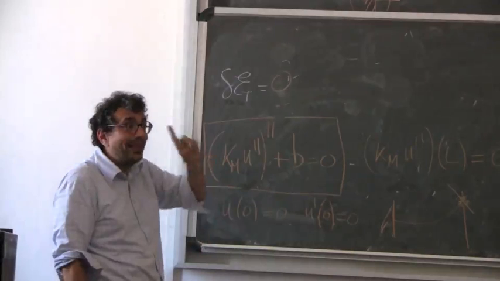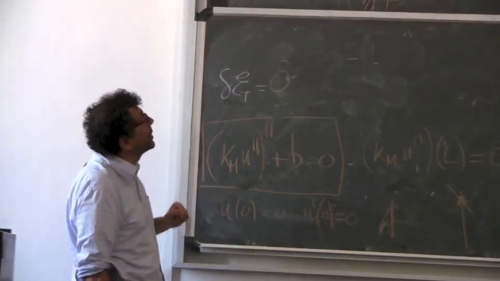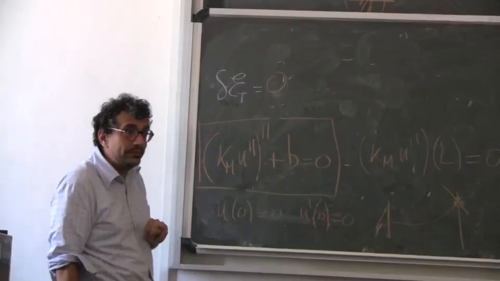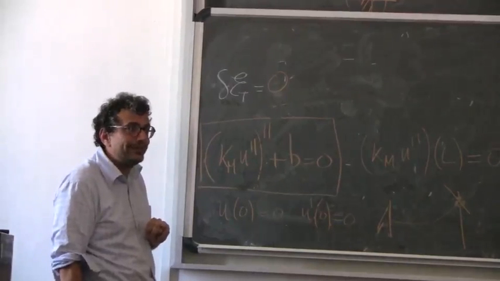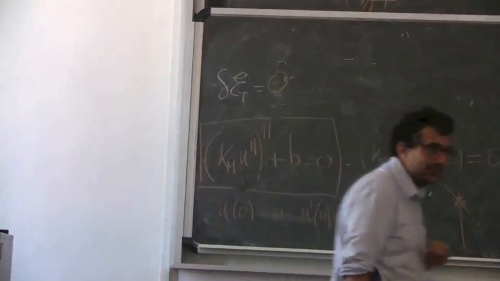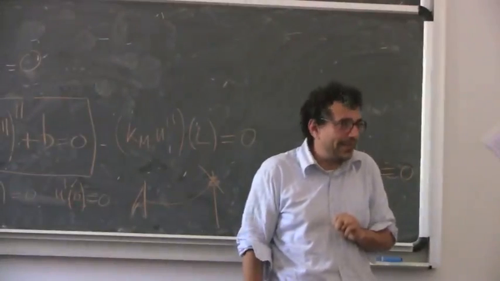But now, there are functions which are 2 times derivable only, and they are the minimum of energy. This is a very bad news.